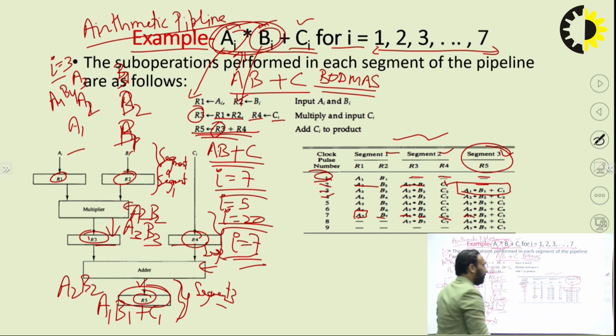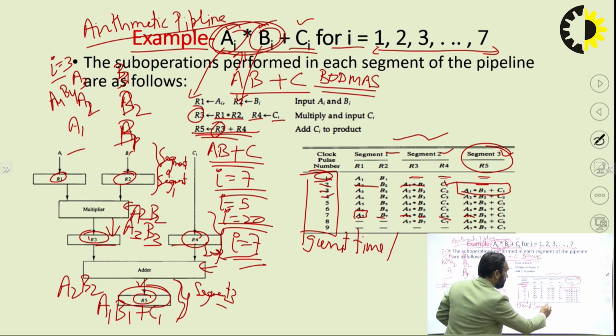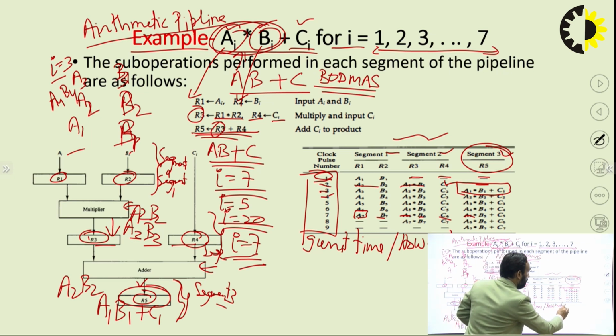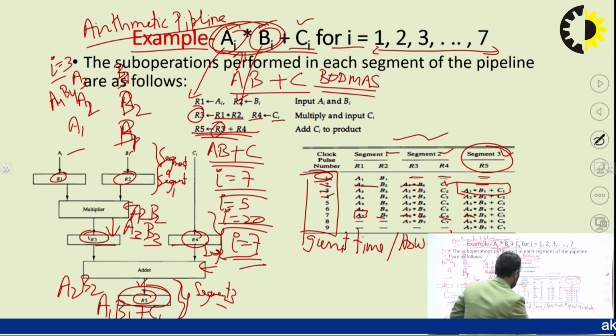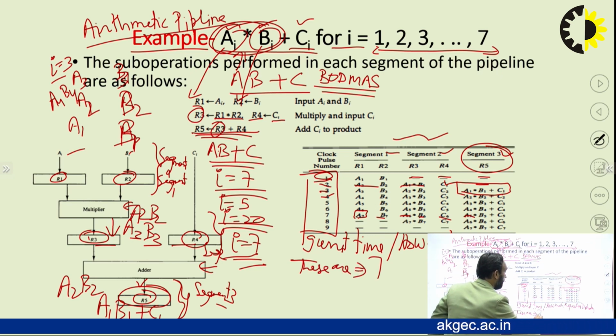Likewise, what is the purpose of calculating these things? If we calculate using arithmetic pipelining, it will execute in 9 unit time. How many instructions or equations? These are 7.